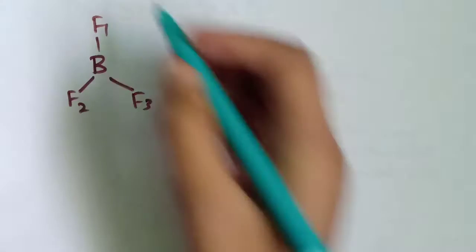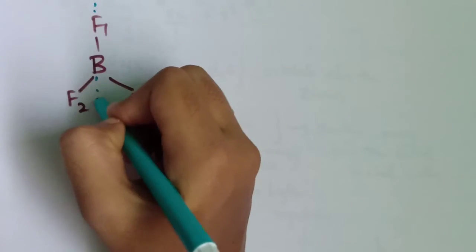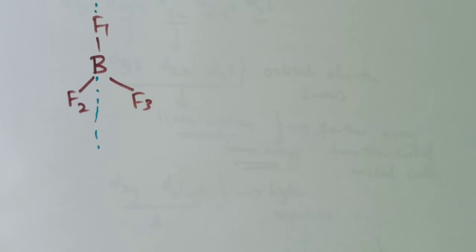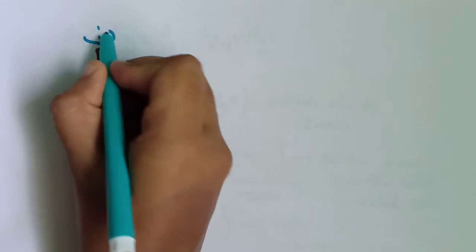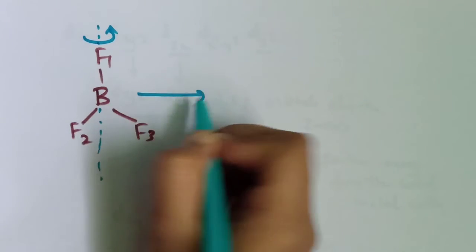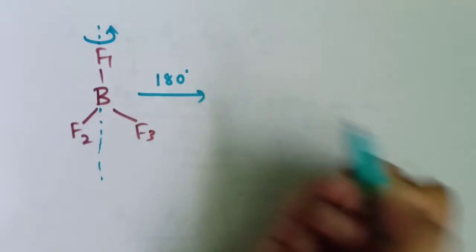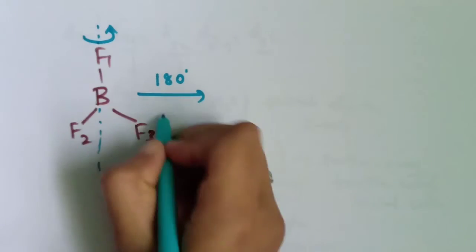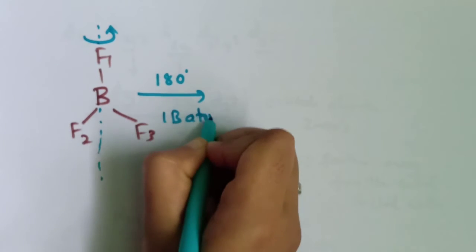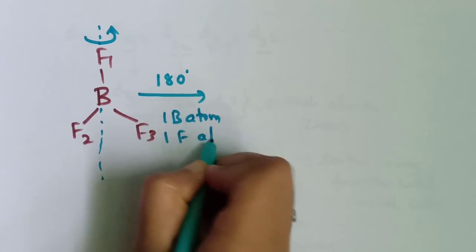See here, we are passing the axis like this. An imaginary axis that cuts the molecule into two equal halves. See here, and rotate the molecule by 180 degrees. The B atom and one F atom are kept constant here.